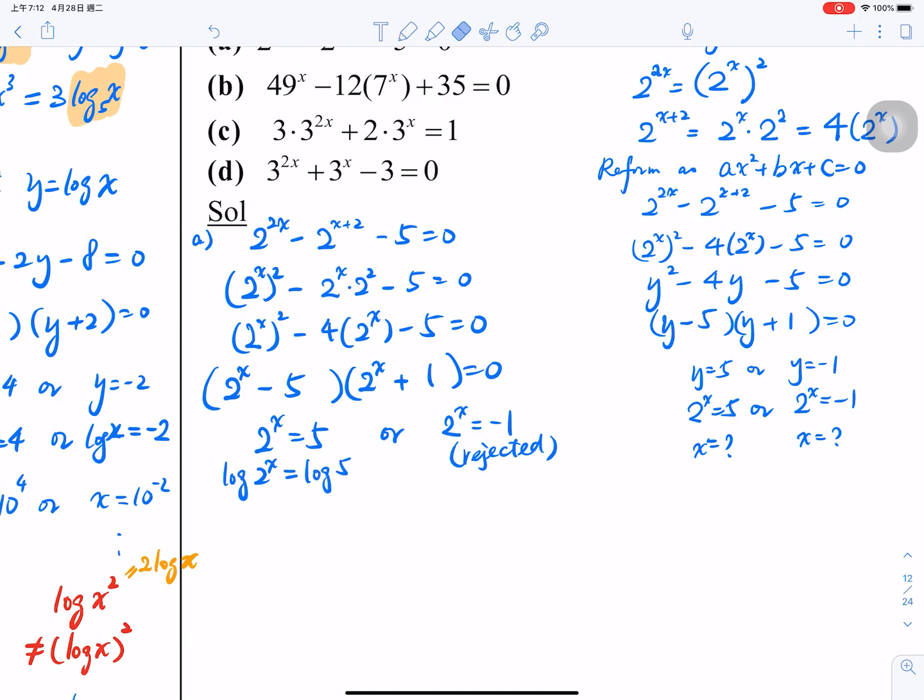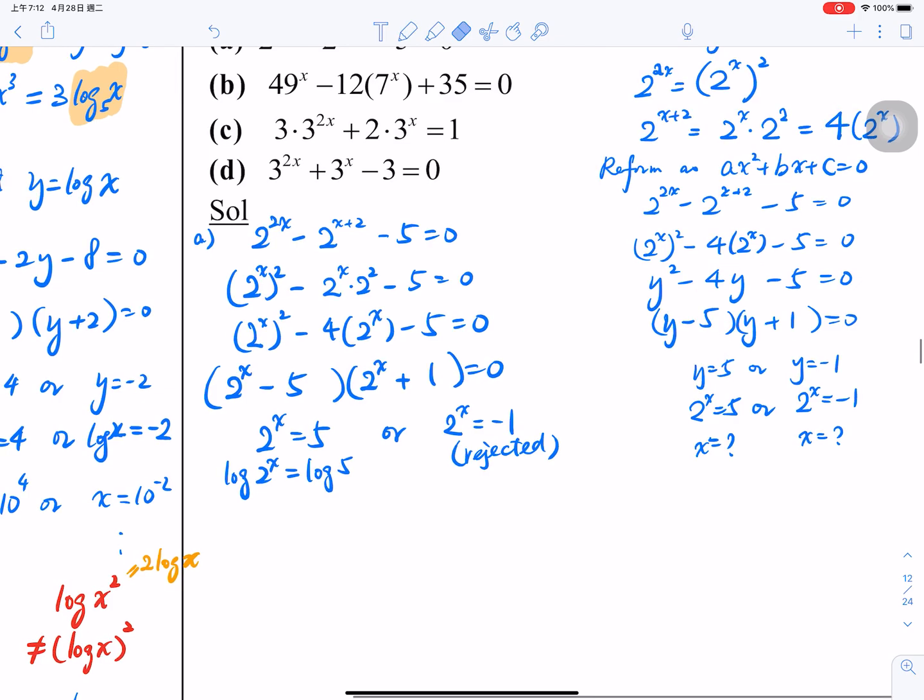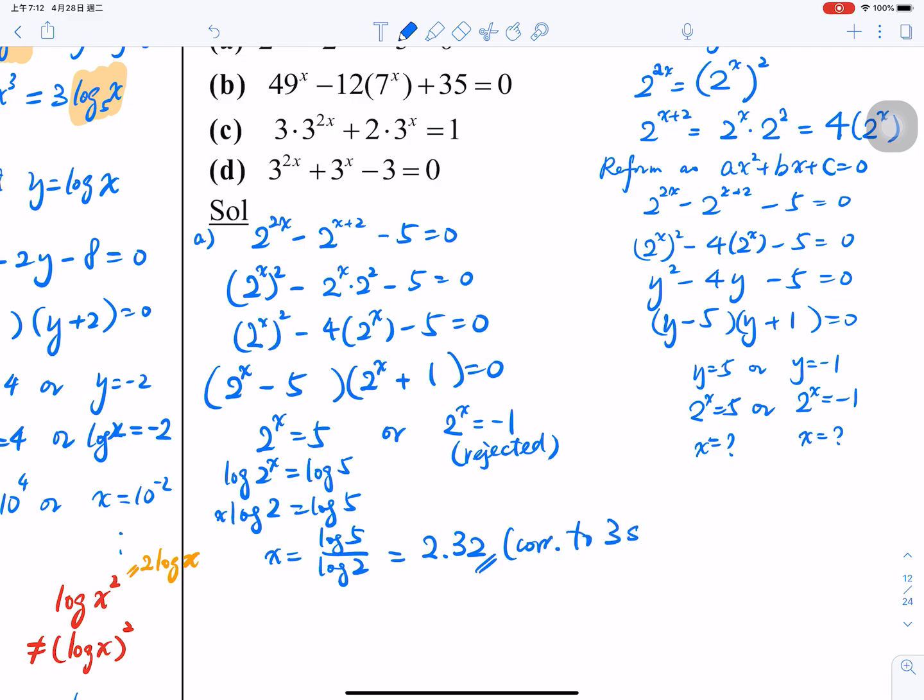As a result, x log 2 equals log 5. Therefore, x equals log 5 over log 2. So this is 2.32, correct to three significant figures.